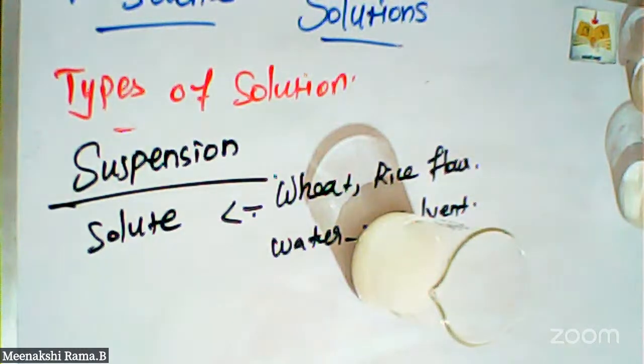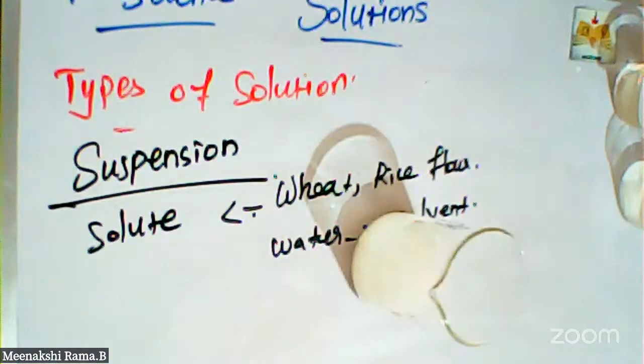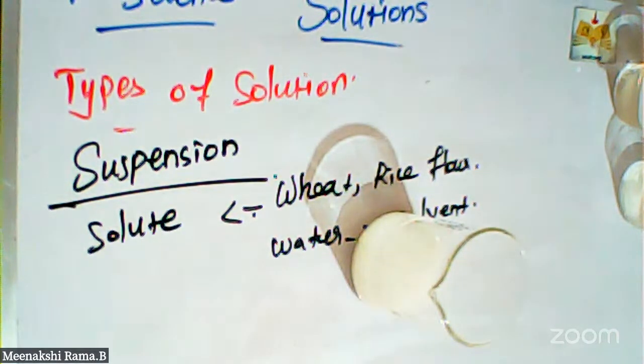If the solute is completely dissolved, that is a true solution. Second, if a cloudy nature occurs, that is called the second one, colloidal solution. And suspension means it looks turbid. The fine particles settle down at the bottom of the beaker.